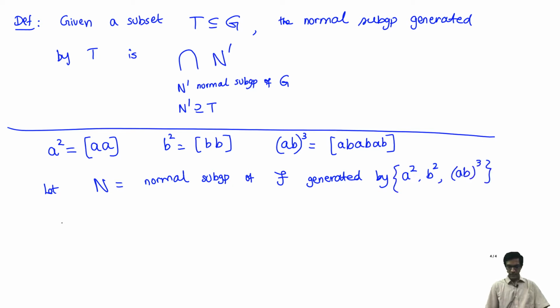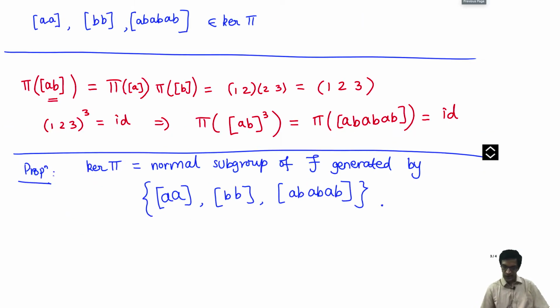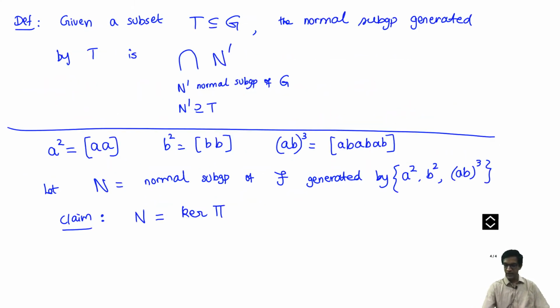And I claim, so we need to prove really, which is the proposition, that N is exactly the kernel of pi. Recall that is the proposition: the kernel is exactly the normal subgroup generated by these three elements. So I am calling it N, and I am going to show that N is the same as the kernel of pi.